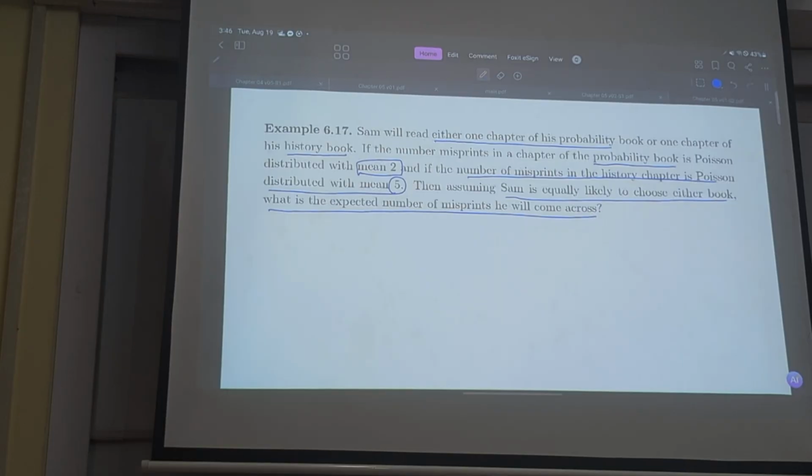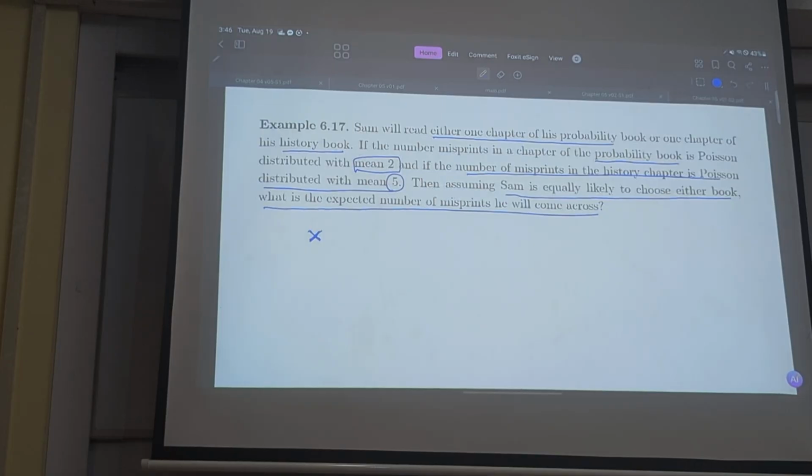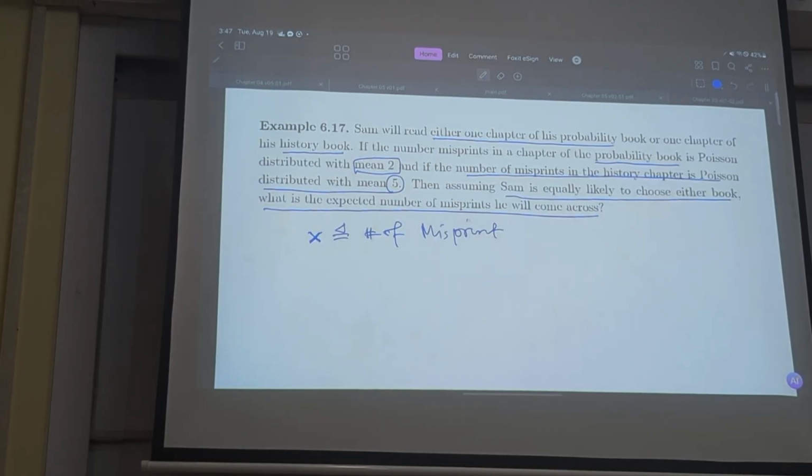What is given here? X is the number of misprints in a chapter, irrespective of the book.